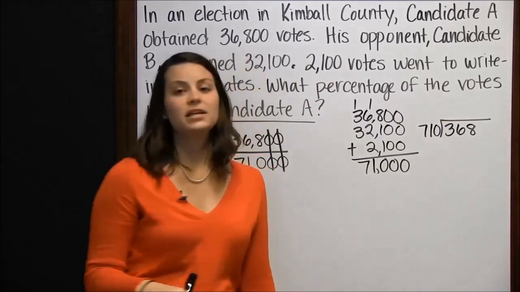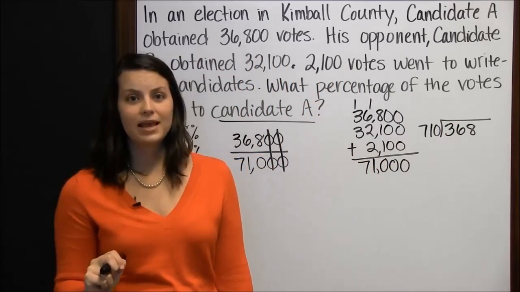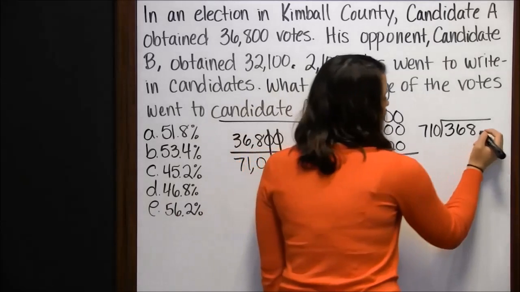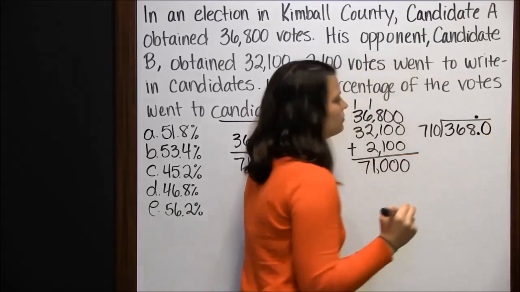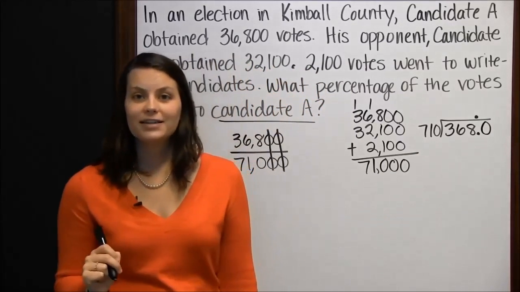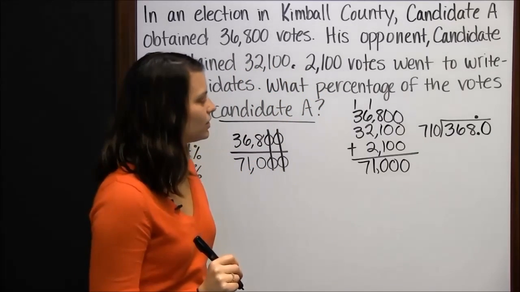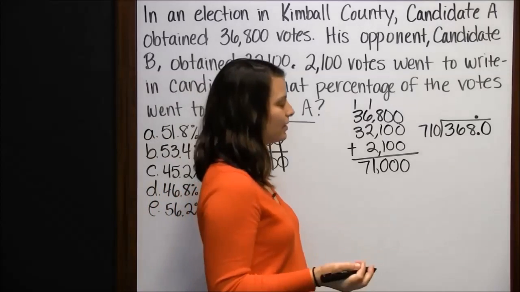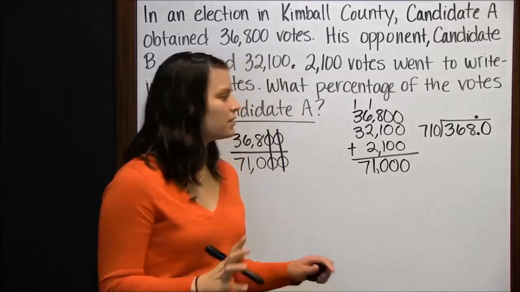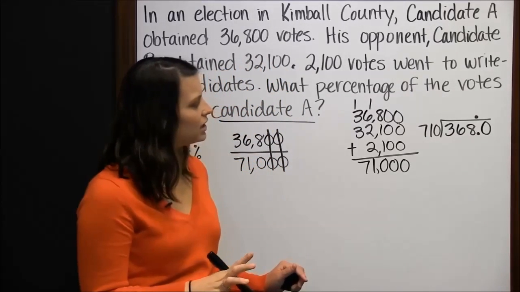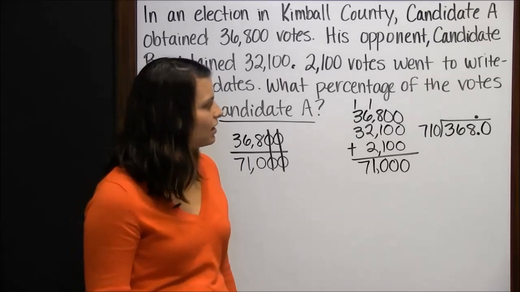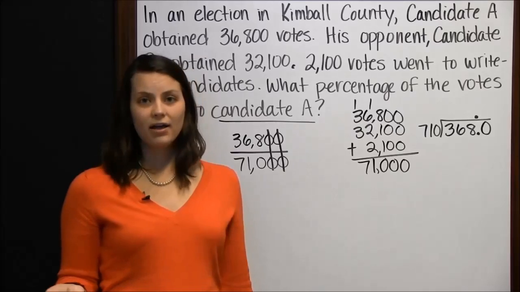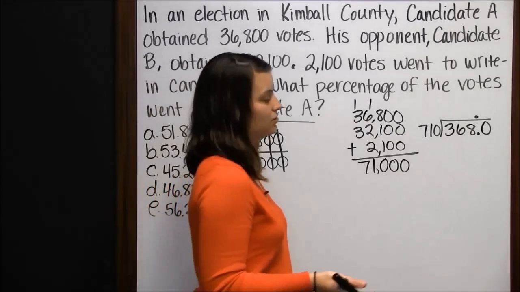Well, 710 doesn't go into 368 at all, which means I'm going to have to add a decimal and a 0. And now I can divide 710 into 3,680. So I can use compatible numbers here, and 710 is very close to 700. 700 times 5 would be 3,500.